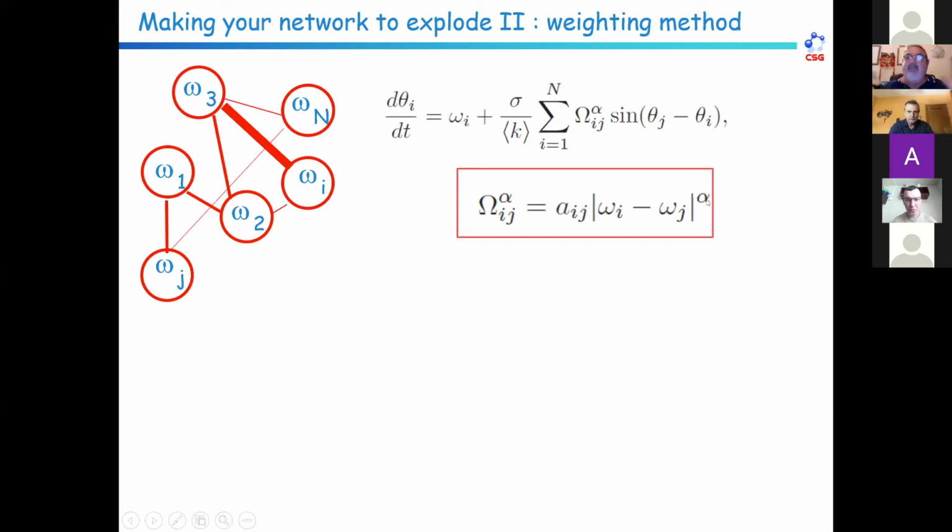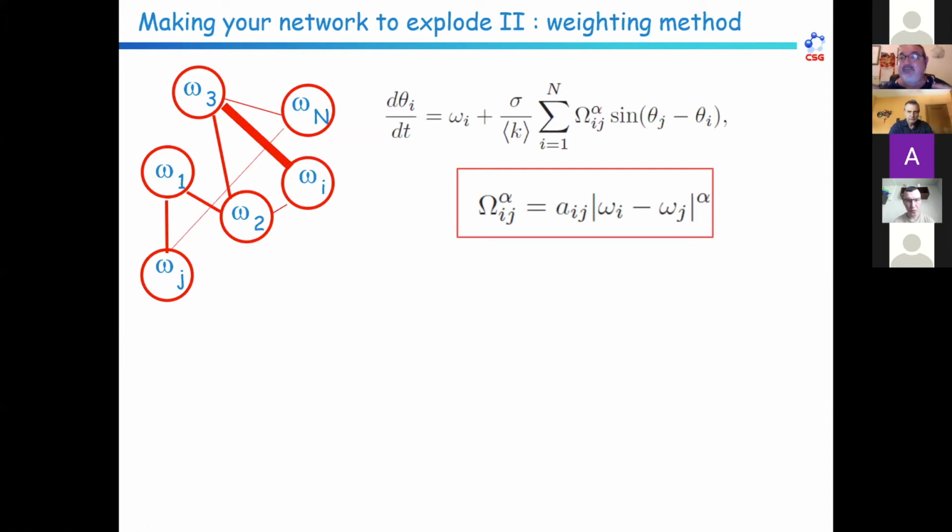If alpha is positive, the more the two oscillators have close frequencies, the smaller is the value of the weight. On the opposite, if two oscillators have a very large frequency mismatch, they have a very large weight. It's a very similar idea to putting a threshold.